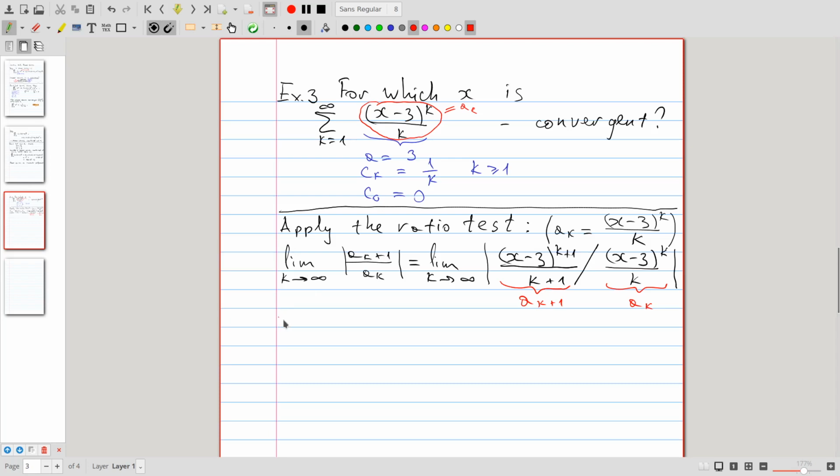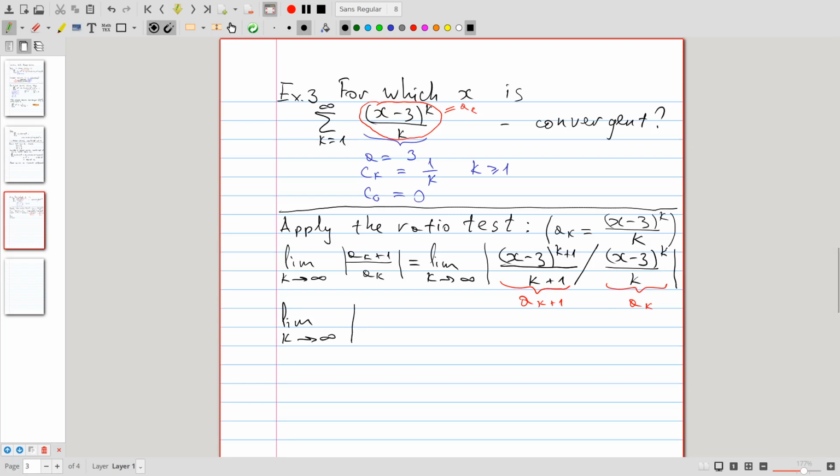Great. So the first thing to observe is that there will be a lot of cancellation here, of course. All the powers of x minus 3 will cancel. So to see this massive cancellation coming, let us flip the second quotient first.